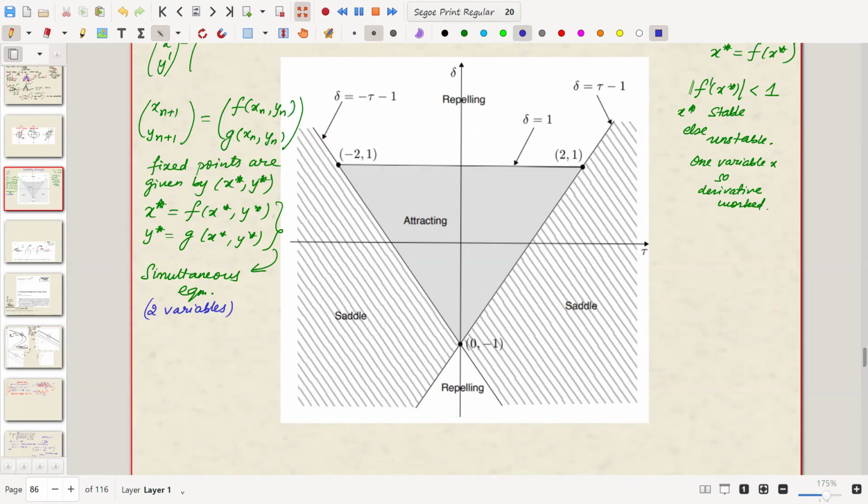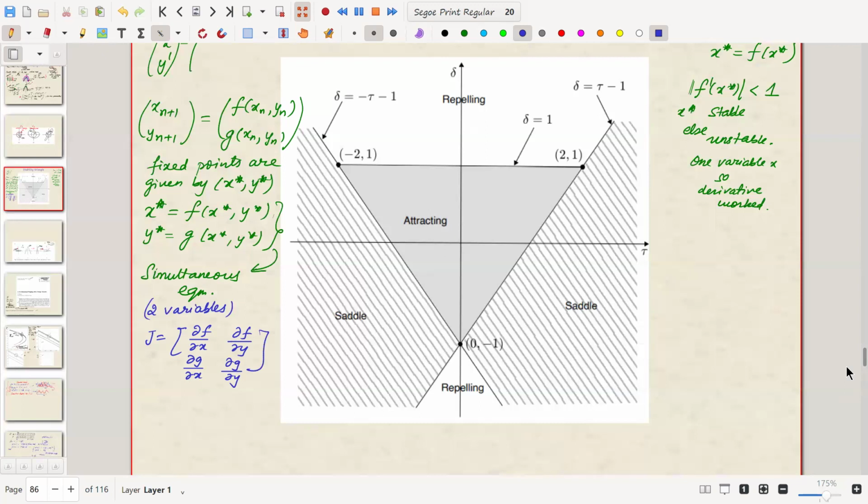Therefore, Jacobi created a Jacobian matrix and put all those partial derivatives in it. That is known as the Jacobian matrix J: dou f by dou x, dou f by dou y, dou g by dou x, dou g by dou y. That is the Jacobian matrix.